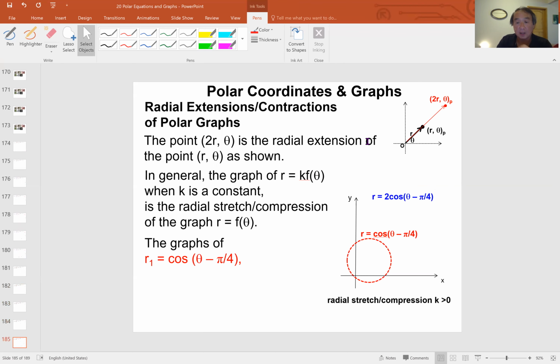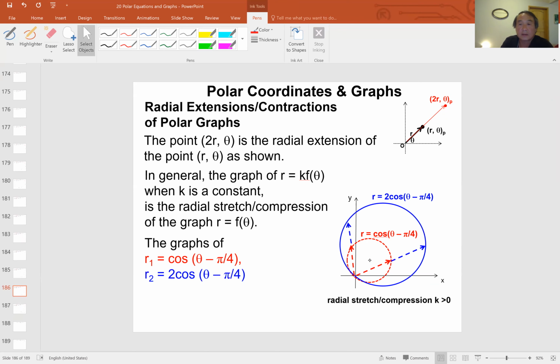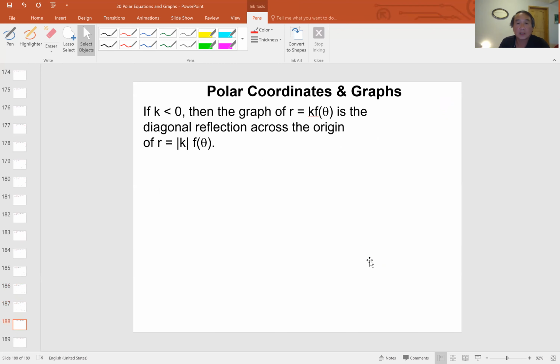So if I look at that equation, the circle is rotated by pi over 4. We started with cosine here, right? Then you rotate it by pi over 4 to that direction. And then I'm going to extend everybody twice as far, just radially from the center. Okay, then this will be the circle we get.